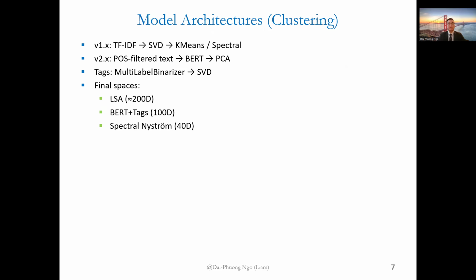For scalability and nonlinear structure, the later versions project this space into a 40-dimensional spectral embedding using a Nyström approximation before clustering. This architecture preserves neighborhood structure while remaining computationally practical.